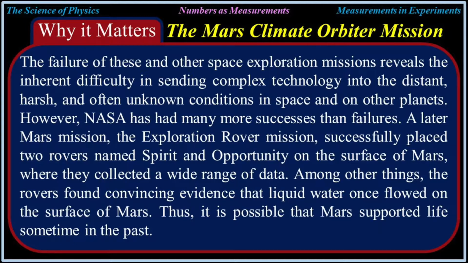A later Mars mission, the Exploration Rover mission, successfully placed 2 rovers named Spirit and Opportunity on the surface of Mars, where they collected a wide range of data. Among other things, the rovers found convincing evidence that liquid water once flowed on the surface of Mars. Thus, it is possible that Mars supported life sometime in the past.